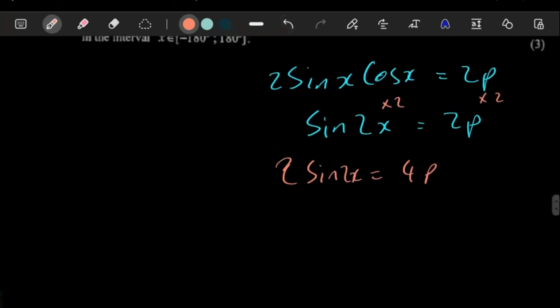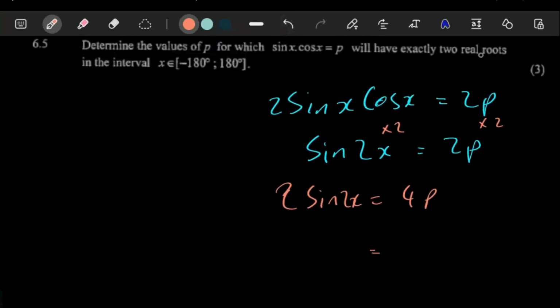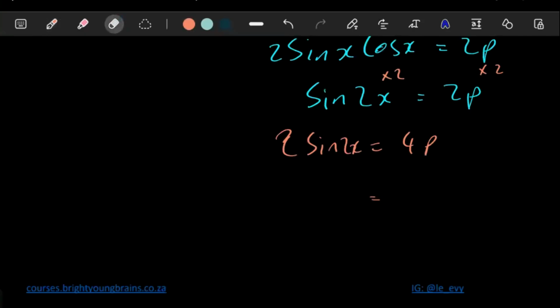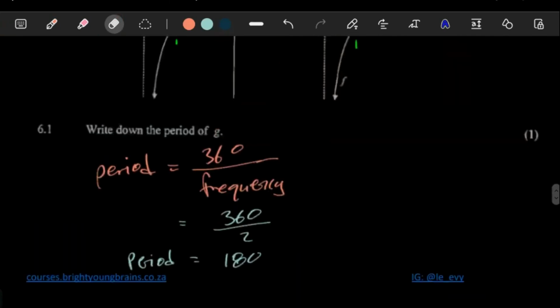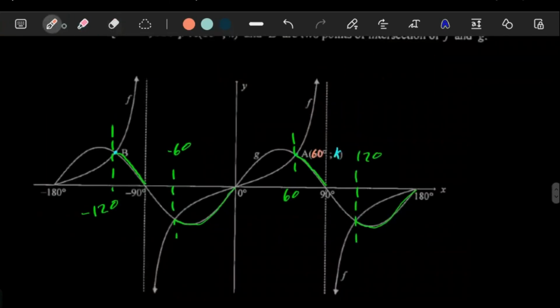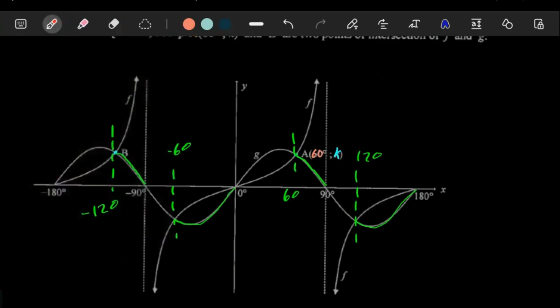Determine the values of p for which this will have exactly 2 real roots. At this point in time, you have to remember that for this equation to have 2 real roots, you need to consider how the sketch looks. If you look at how the sketch looks at the moment, it currently has 5 roots in the space negative 180 to positive 180.